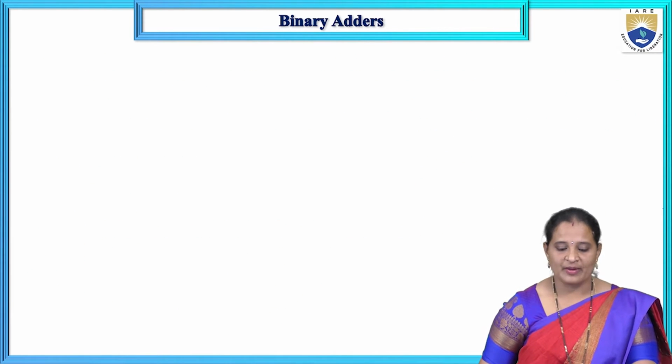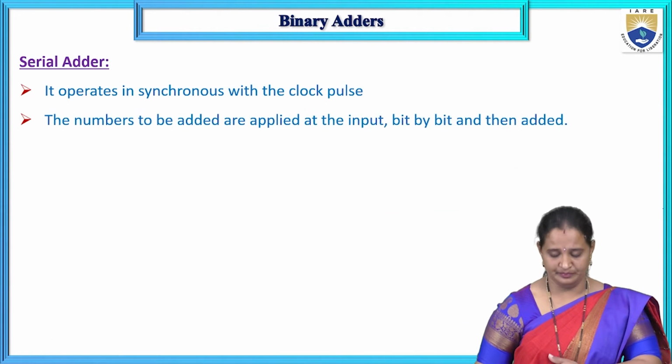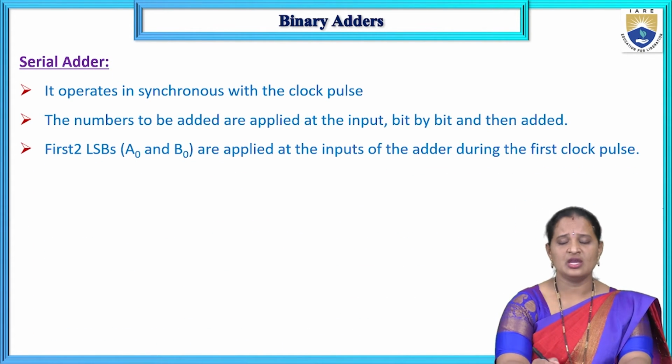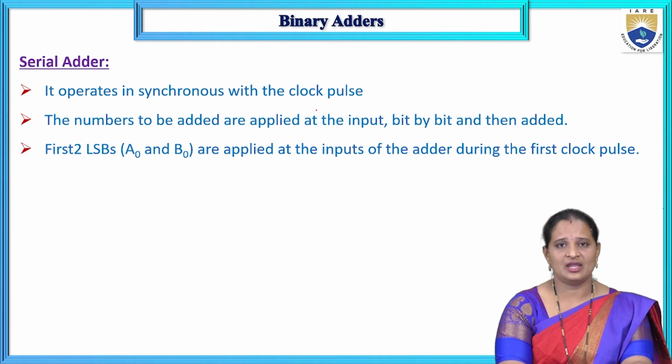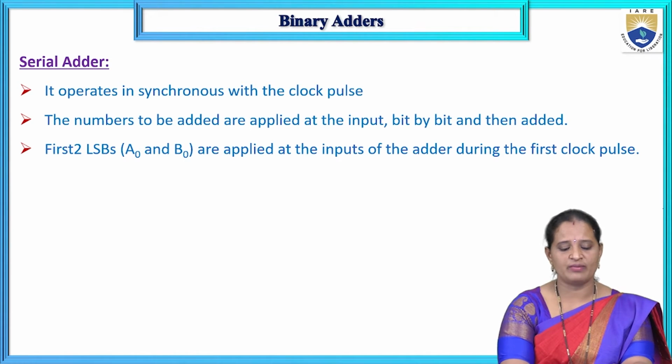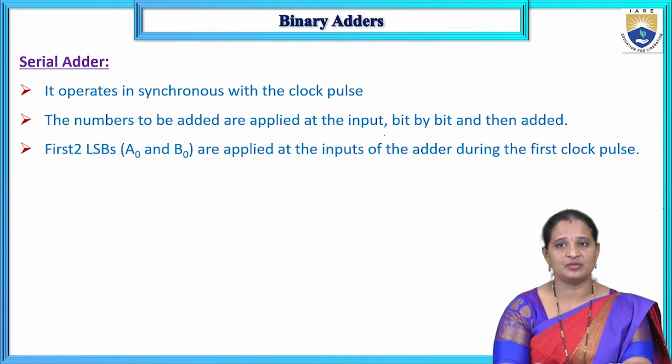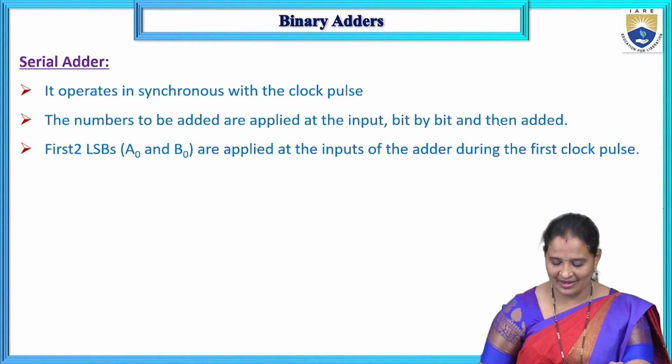So here let us have a brief recall of the operation. As I told you, this serial adder operates in synchronous with the clock pulse. The numbers to be added are applied at the inputs bit by bit and then added.